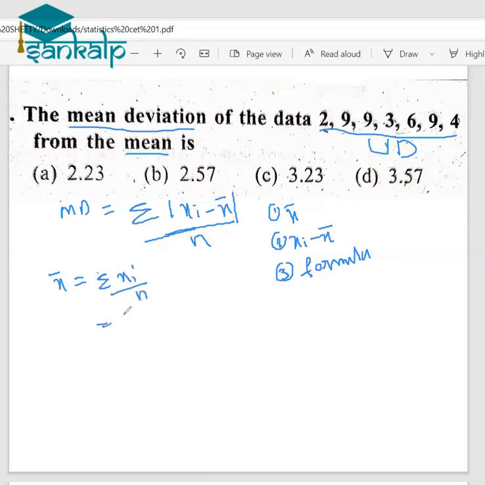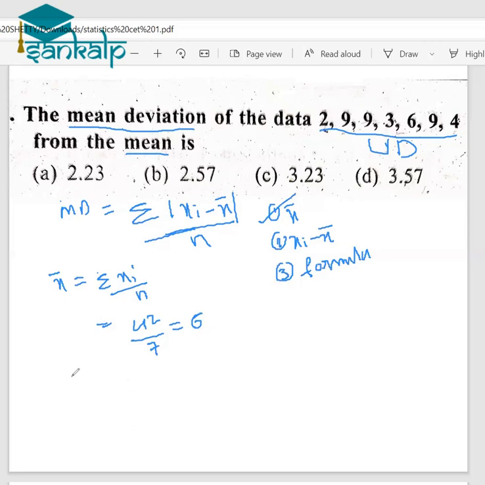On taking the total of the scores, the sum is equal to 42. The number of scores is 7, so 42 upon 7 is equal to 6. So we have completed the first step.